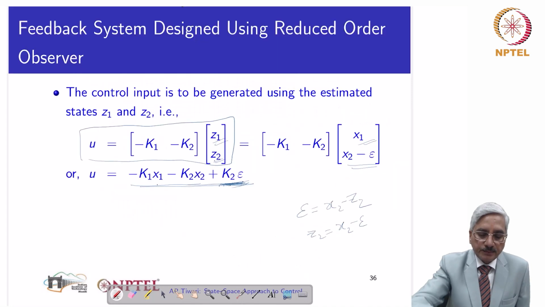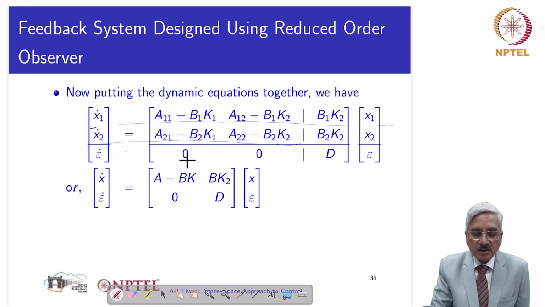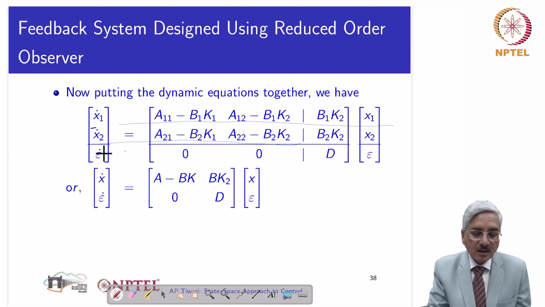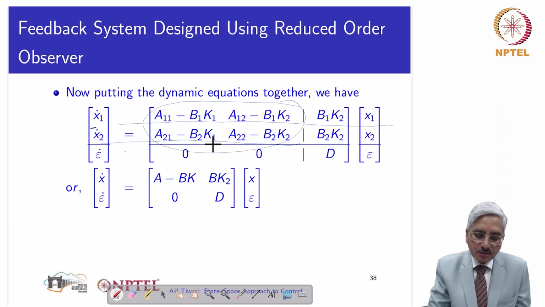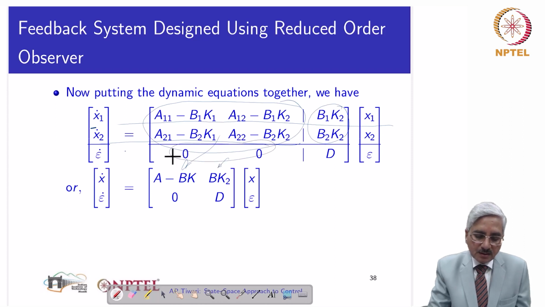So this is written here: epsilon dot is 0 times x1 plus 0 times x2 plus d epsilon. And this is A minus BK, so it is written here, and this is BK2, it is written here, and this 0 together is written here, and this d is written here.